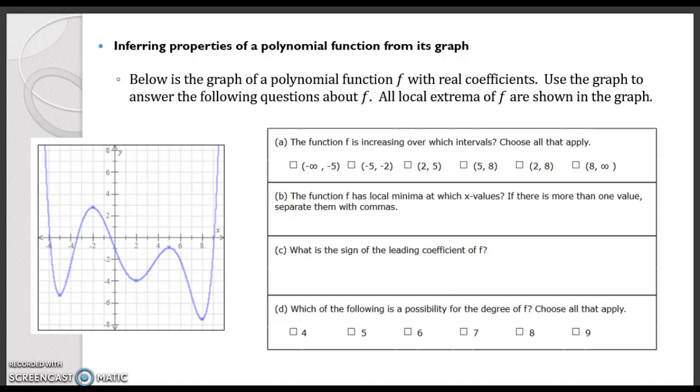Well, increasing, we read from left to right like a book, and we see where it is going up from left to right. So it's going up here, and here, and here, right?